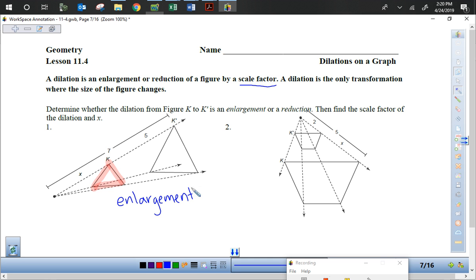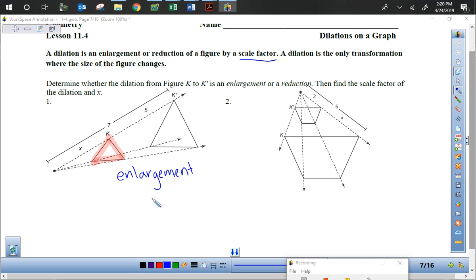The next thing we want to be able to do here is find the scale factor exactly. A scale factor just means we're multiplying by something from the original to the new. So our formula is going to look something like this. We'll take our original, we'll multiply by our scale factor, and scale factors from Chapter 7, they use k to represent that.